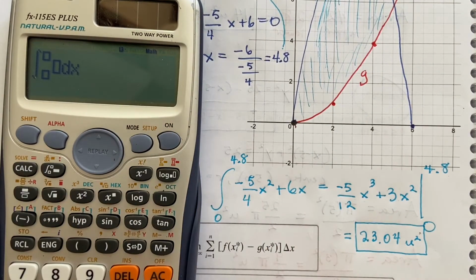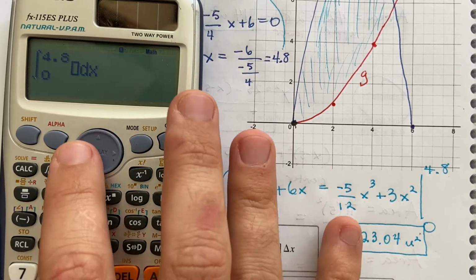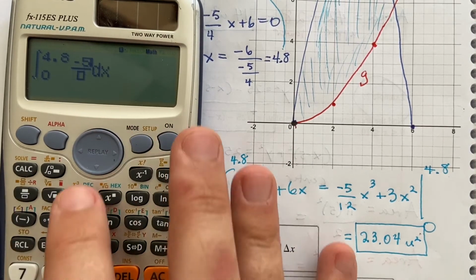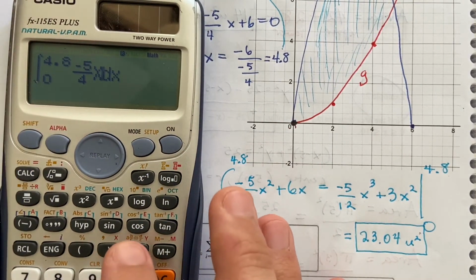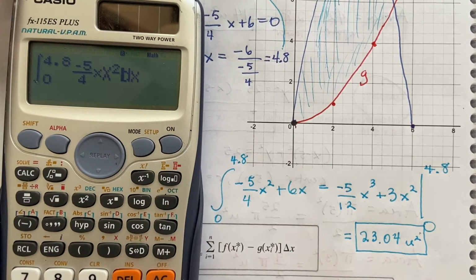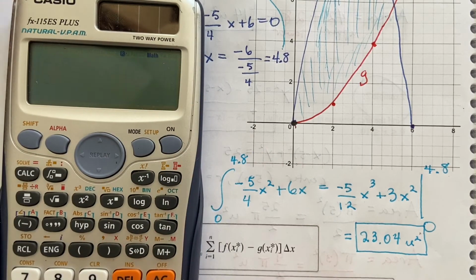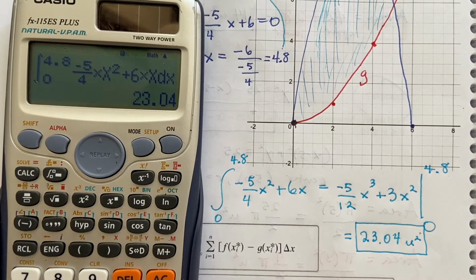So if I integrate from 0 to 4.8, and then we have this function negative 5/4 x, maybe I need times, x squared, and then plus 6 times x. Let's see what that results in. Same thing.